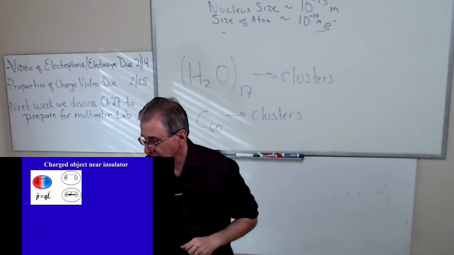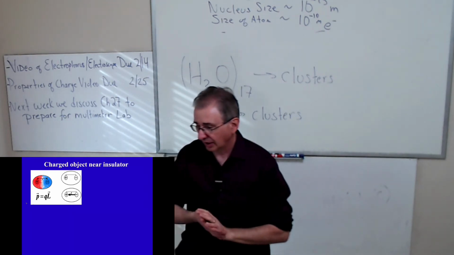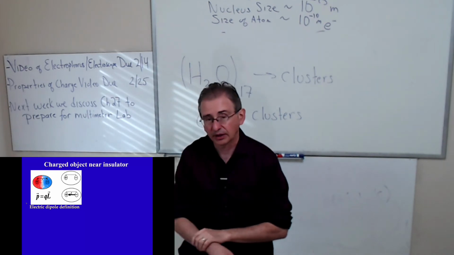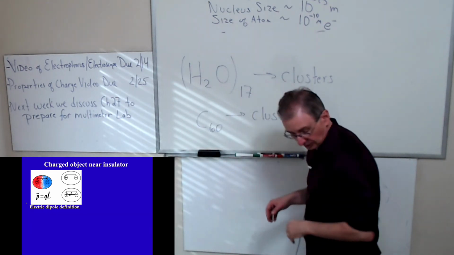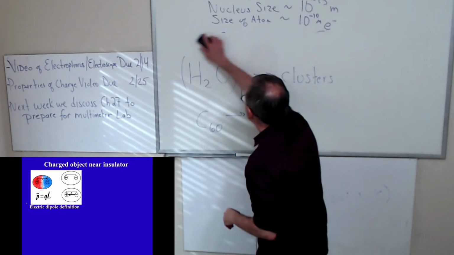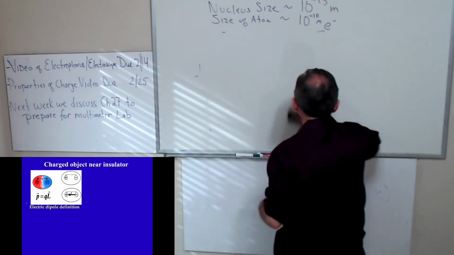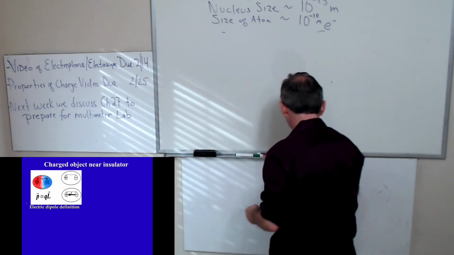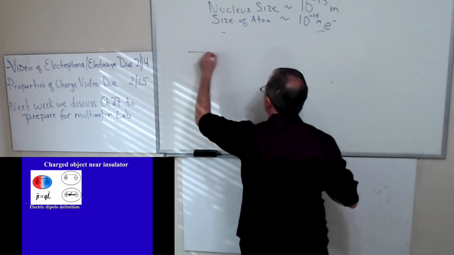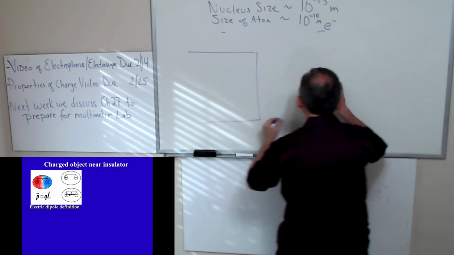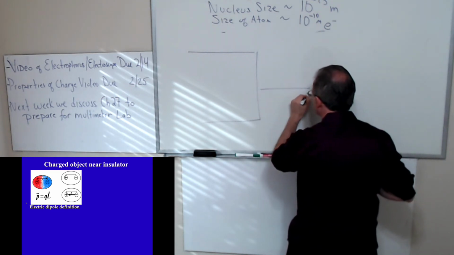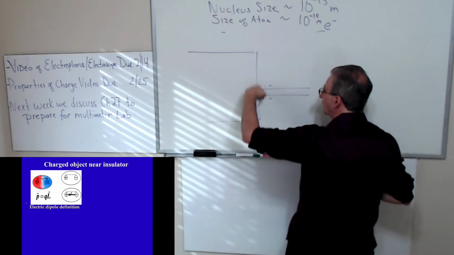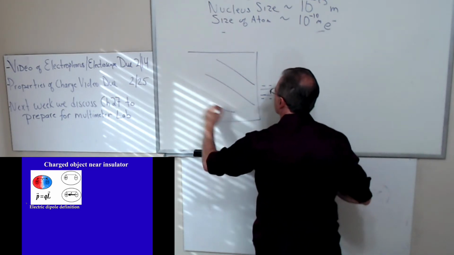So let's take a charged object and bring it near an insulator. What happens? If you take a charged object and bring it near an insulator, like rubber or wood, let's say I take a rod that's negatively charged, and I bring it near this insulator.